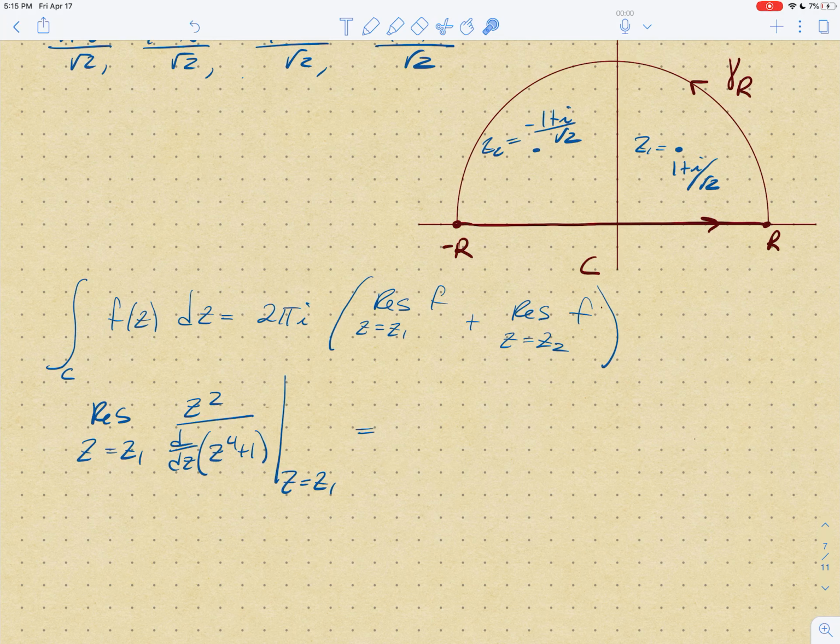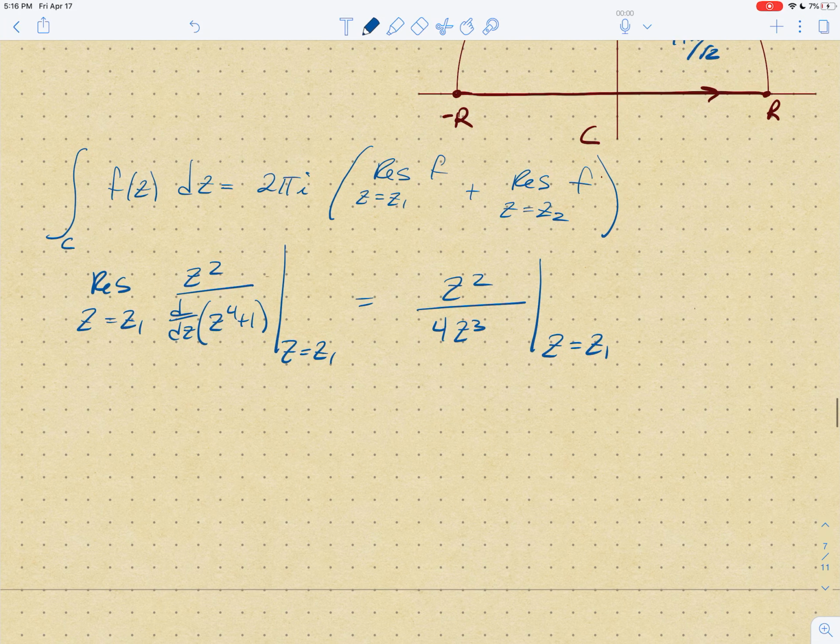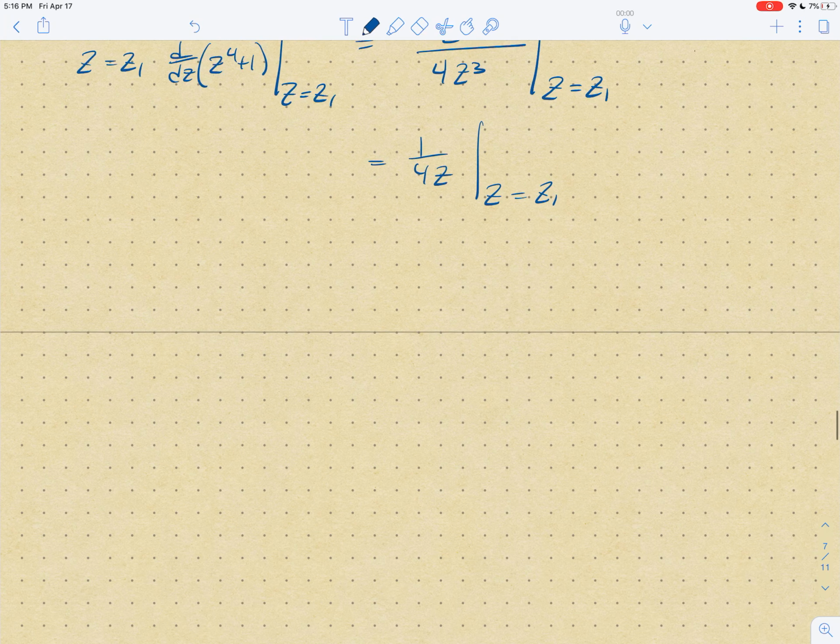And so let's work this out. This is equal to z squared over 4z cubed evaluated at z equals z1. Cancel the z's. This is just 1 over 4z evaluated at z equals z1.